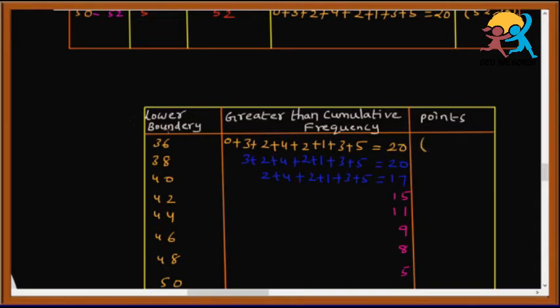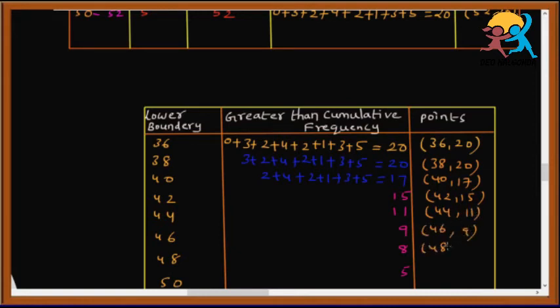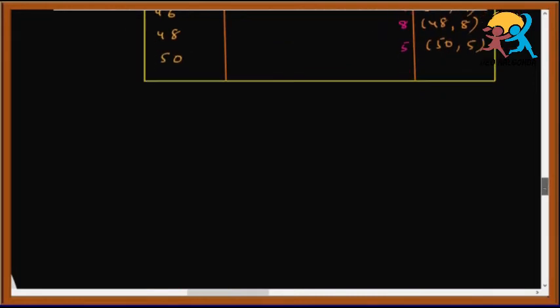So write the points. So on x axis we are taking the boundaries, that is why it will become 36, 20 and 38, 20 and 40, 17, 42, 15, 44, 11, next 46, 9, 48, 8 and 50, 5. So like this you have to find the points.